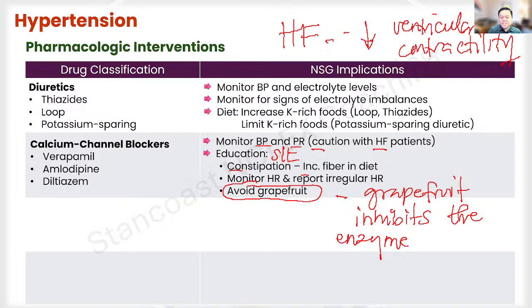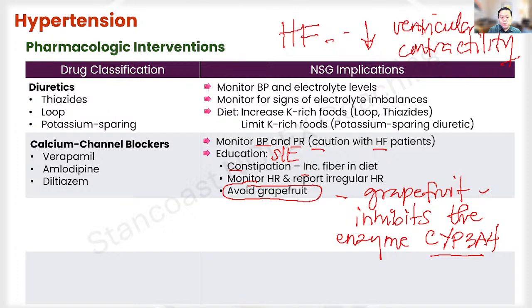What's the name of the enzyme? That's the CYP3A4. So this is the name of the enzyme that will be inhibited by the intake of the grapefruit.